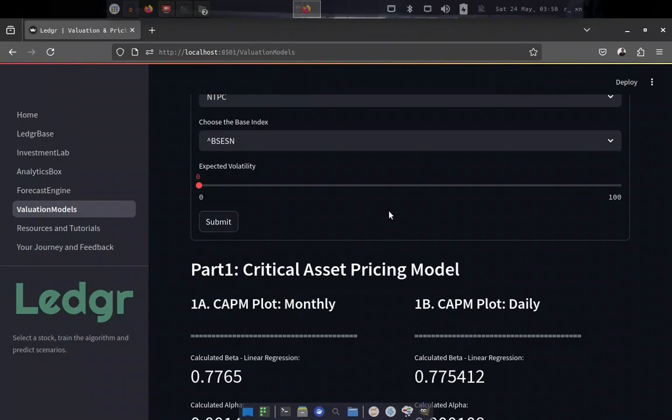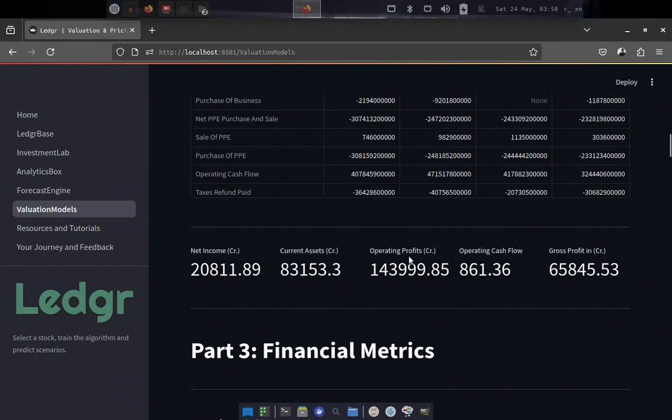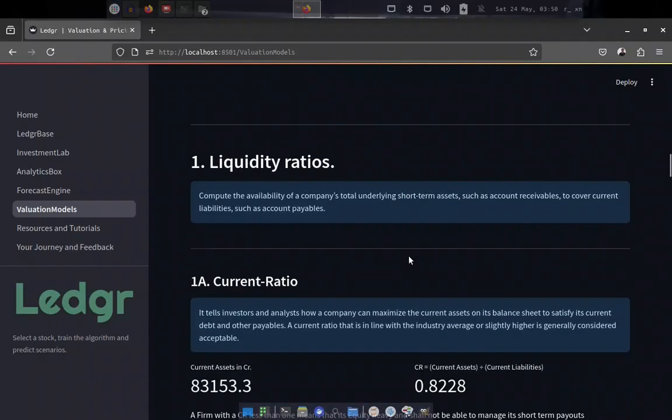So these are the minor glitches which we are ironing out, but otherwise it's fine. So this is a brilliant tool to gauge whether one should make an investment.